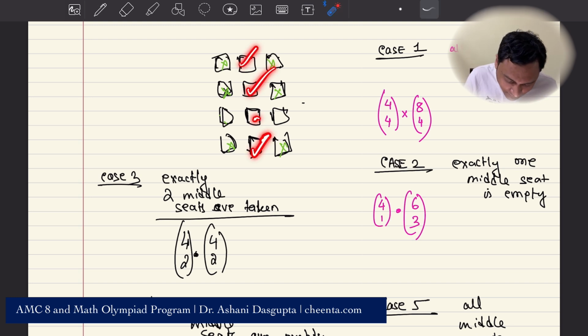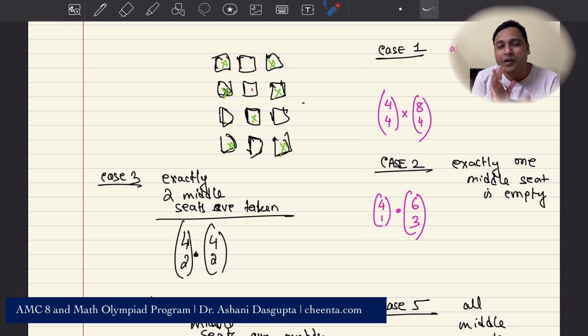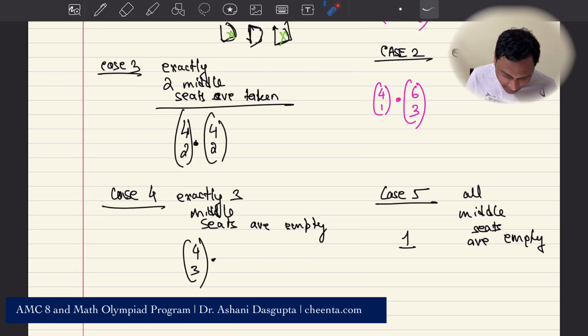This one has someone. So now I have accounted for 7 people, and the remaining 1 person should be seated in one of these 2 seats. So to choose one.